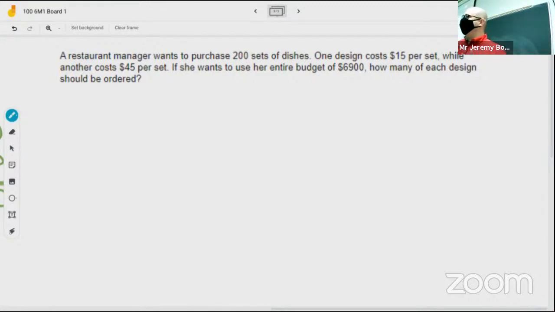And so to do so, we need to find two relationships going on. First, let's label this. So we have two sets, right?